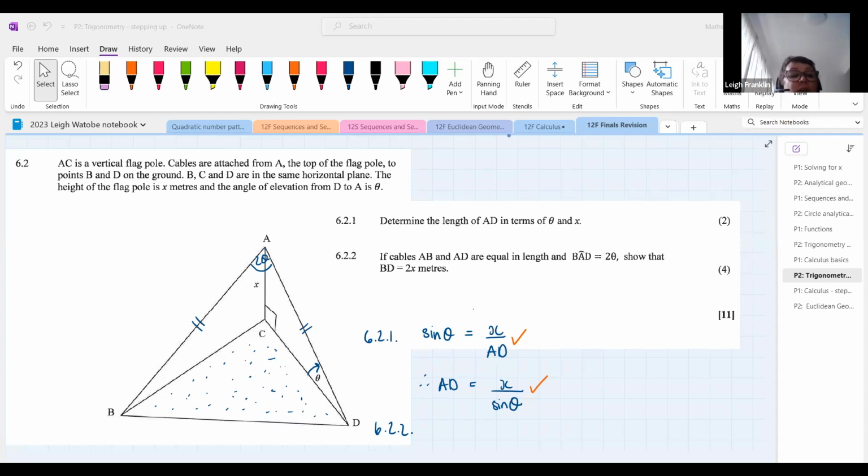And if we've got a side angle side situation and we want BD, which rule are we going to use? Sine rule or cosine rule? Good. Nice, everybody. Well done. We've got to use the cosine rule.